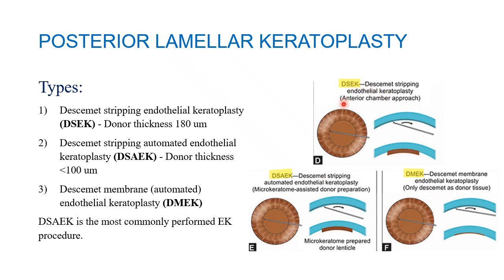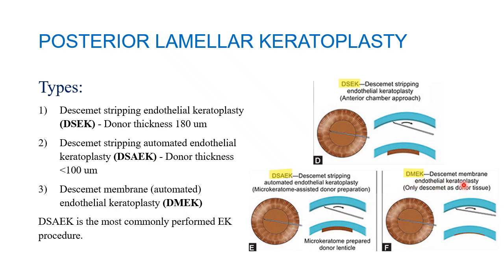So same thing in both the diagrams, but here the lenticule, the DM plus endothelial lenticule, is prepared manually, whereas here it is prepared with the help of a microkeratome. It is thinner and smoother. So DSAEK is always better than the manual one.